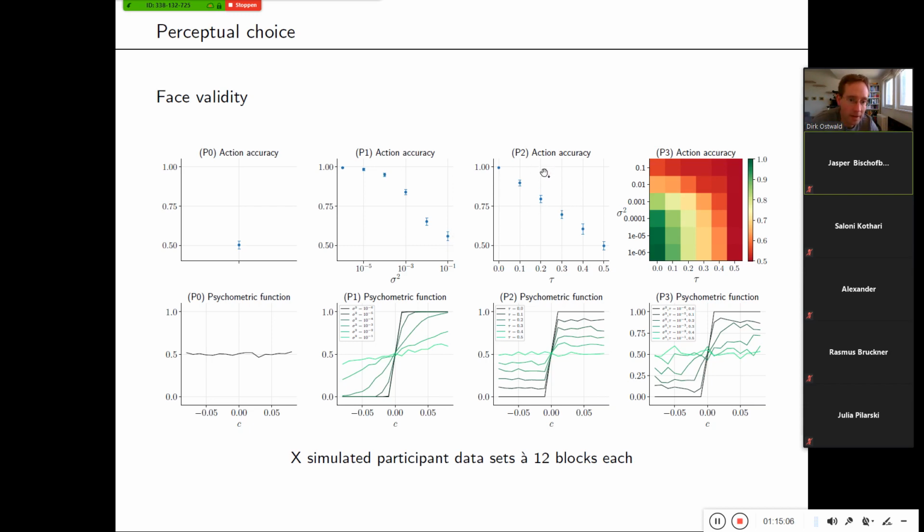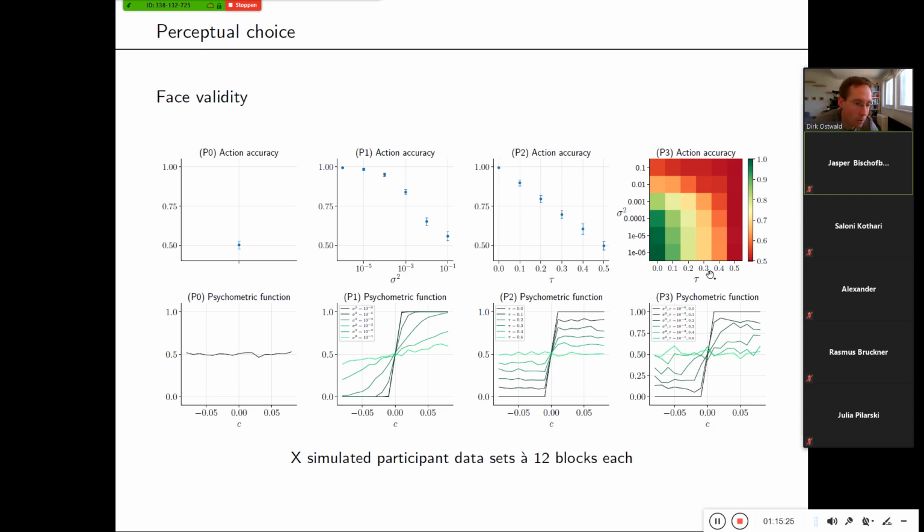For the pure action noise model, as you increase the action noise, performance decreases. Of course, here you're very good because you have very low perception uncertainty, so you have a very small tuning curve.